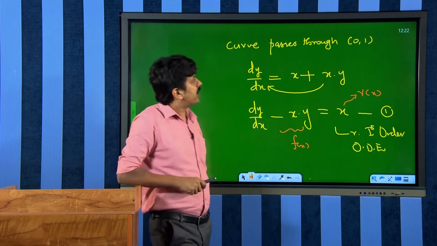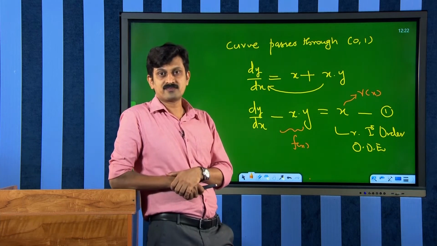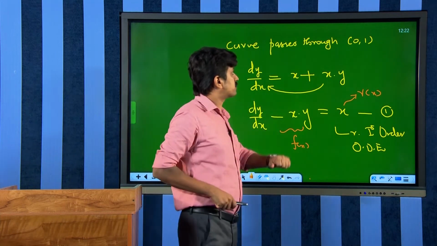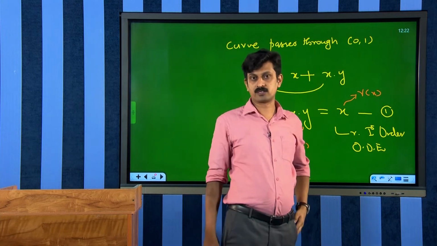We are given that it passes through (0, 1). Because it passes through (0, 1), whenever x is 0, y is equal to 1.